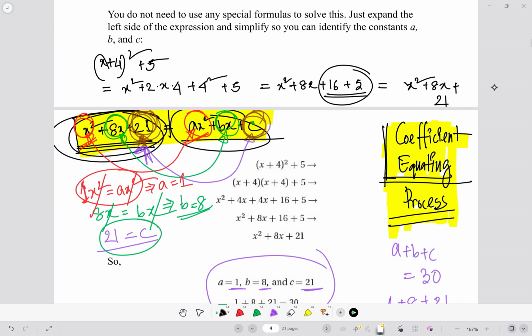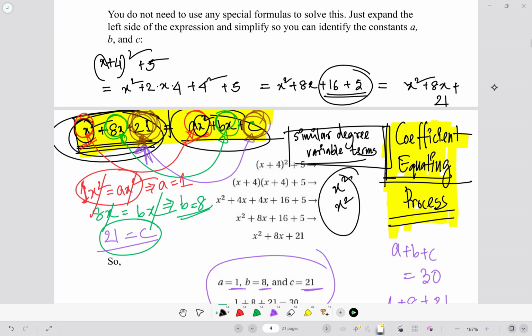Because we equated the similar degree variable terms. We have x squared here and x squared here, and x and x are also similar degree variable terms.